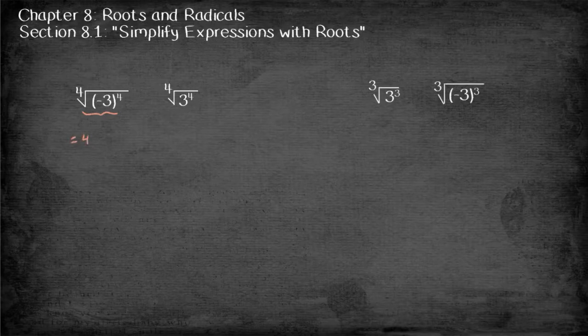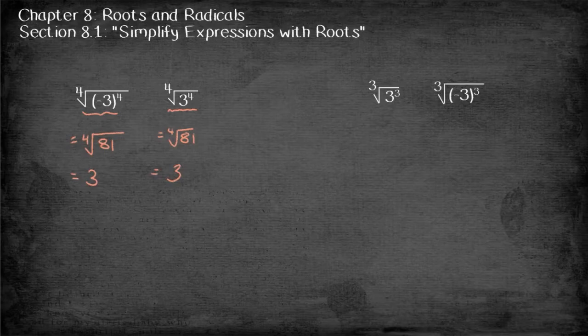Well, this is equal to the fourth root of 81. And again, that symbol in particular is referring to the principal root. So this is equal to 3. And if we look at the fourth root of 3 to the 4, we get the same thing.